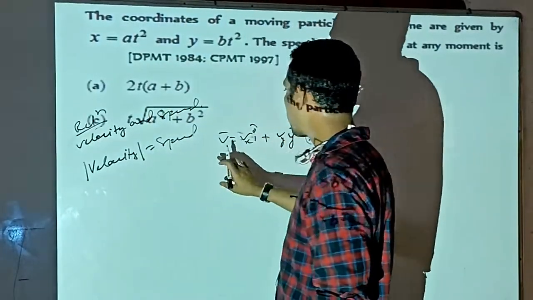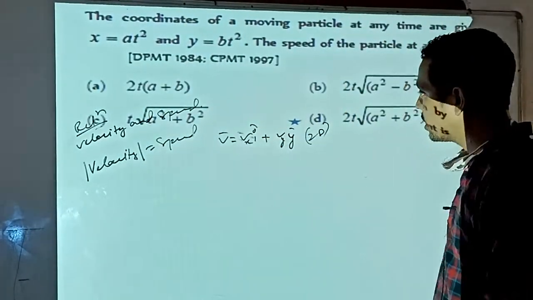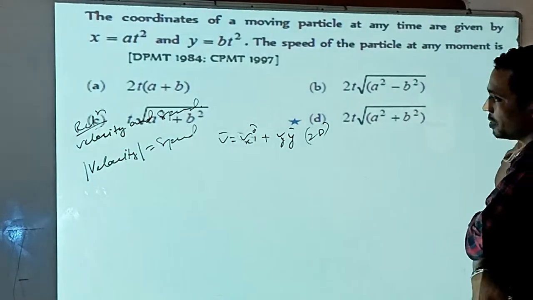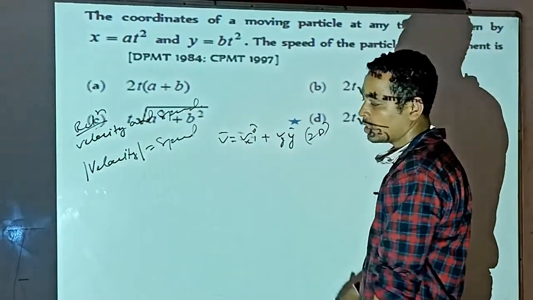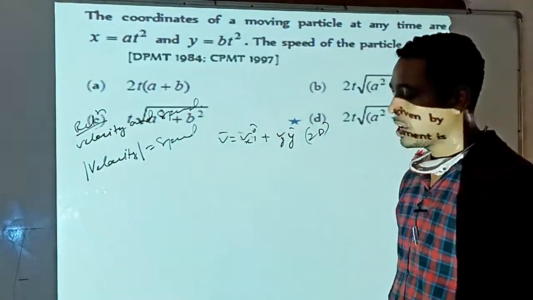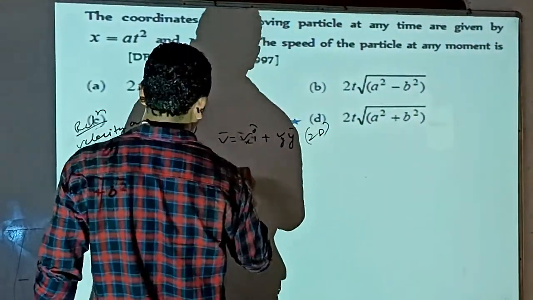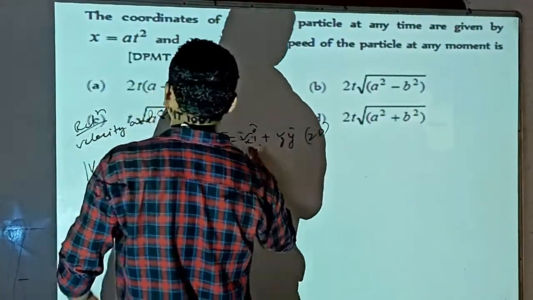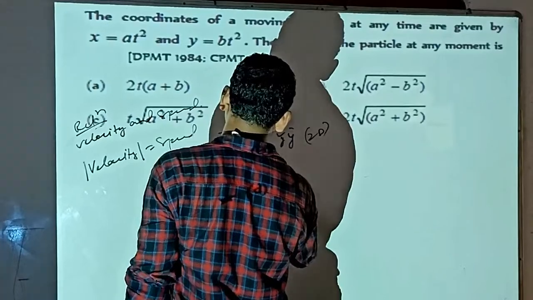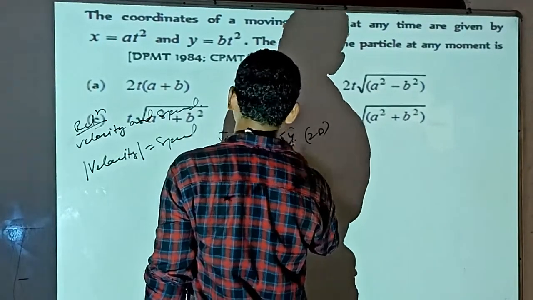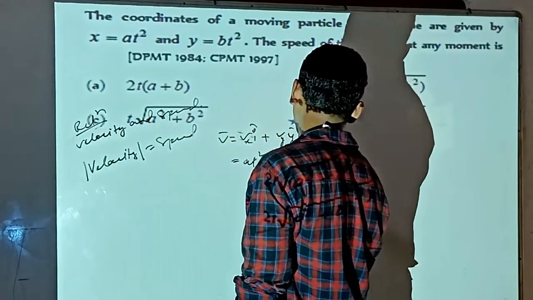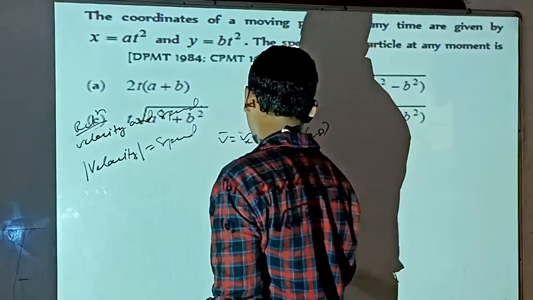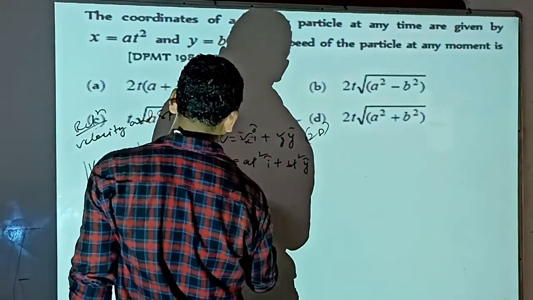So forming this equation in vector form, v equals vx i cap plus vy j cap, if you take the magnitude of this equation you will easily get the value of speed. Writing the values of vx and vy, vx is at square into i cap and vy is bt square multiplied by j cap. Taking the magnitude of the velocity v, there will be root over vx square plus vy square.